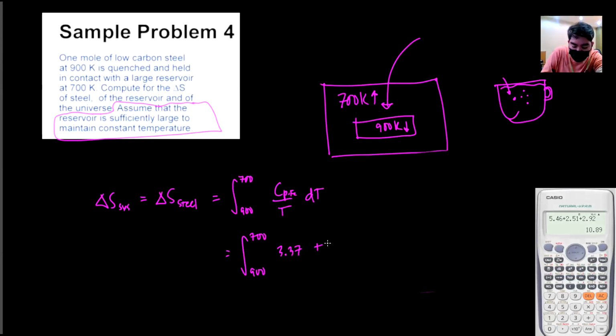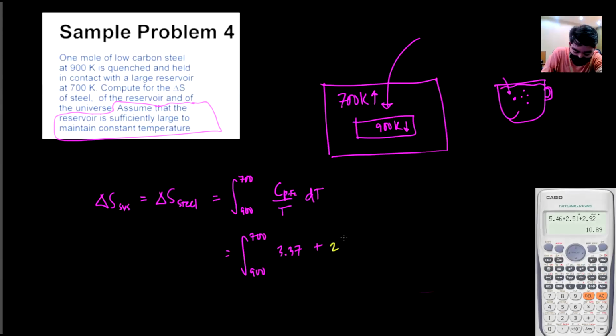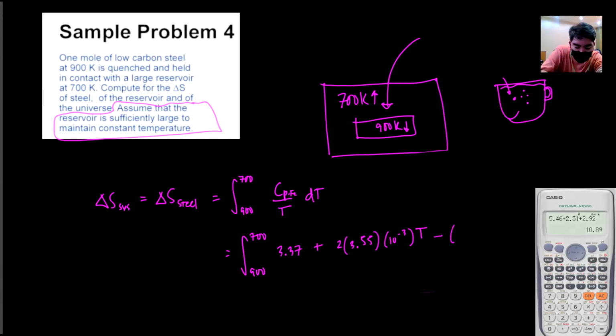So dito, magiging 3.37 and also 3.55. So that's 2 times 3.55 times 10 to the negative 3. And this is T. Mamaya ko na i-cancel out yung mga T values. Tapos plus yung, minus, pero negative siya.